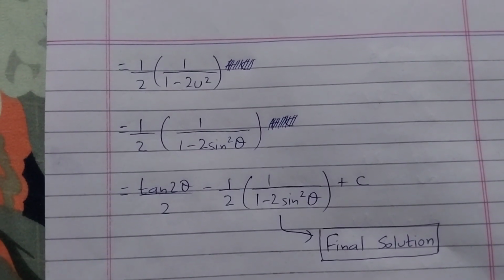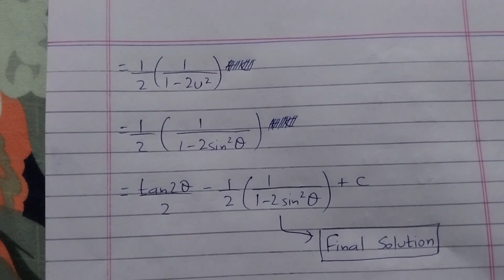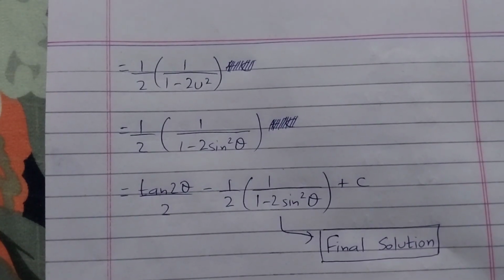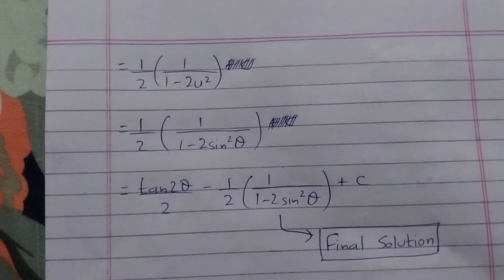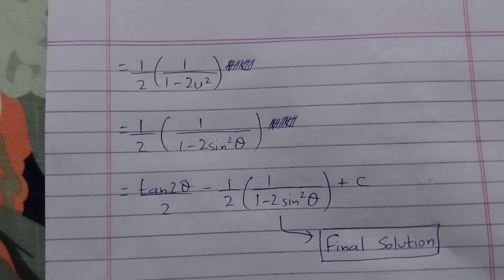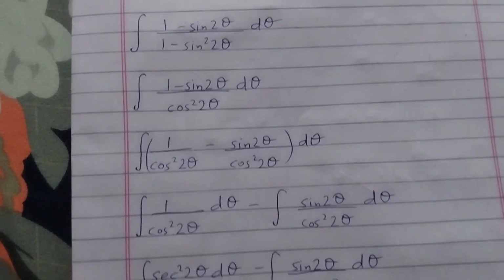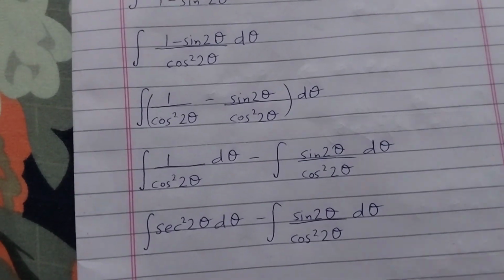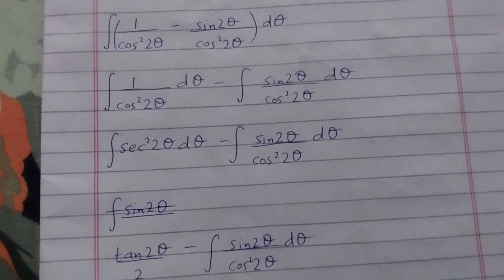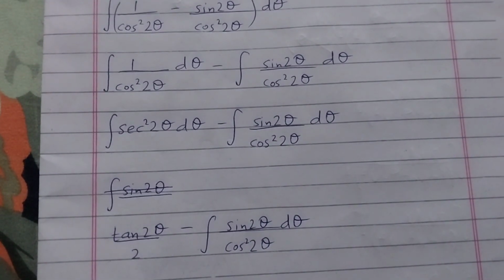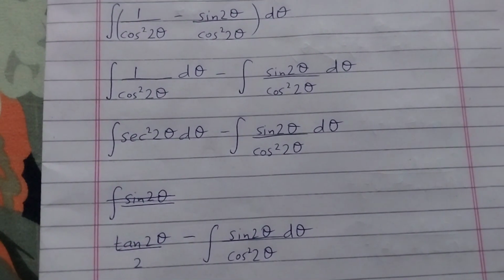So firstly we need to write p in the form of u, and p was equal to u square. So this will become 1 over 2 times 1 over 1 minus 2u squared, and u was equal to sine theta. So this will become 1 over 2 times 1 over 1 minus 2 sine square theta, and our solution was basically tan 2 theta over 2 minus the integration of sine 2 theta over cos square 2 theta.